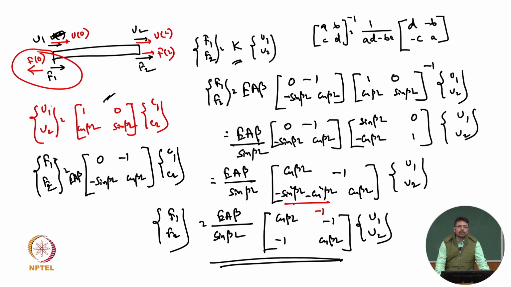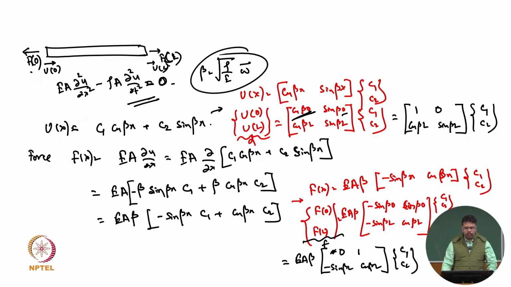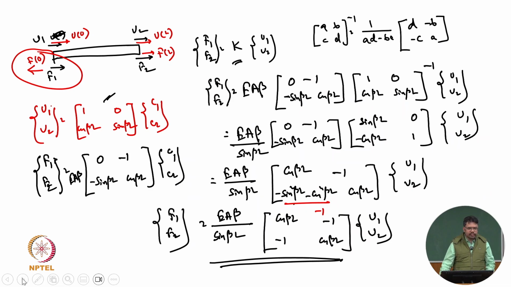Exactly. So, what was the beta? Just let me check it quickly. So, root over of rho by E into omega bar. Okay. So now, if I put omega bar equal to 0, can I get the static frequency? Then whatever we made here should match, or should come equal to the static stiffness.